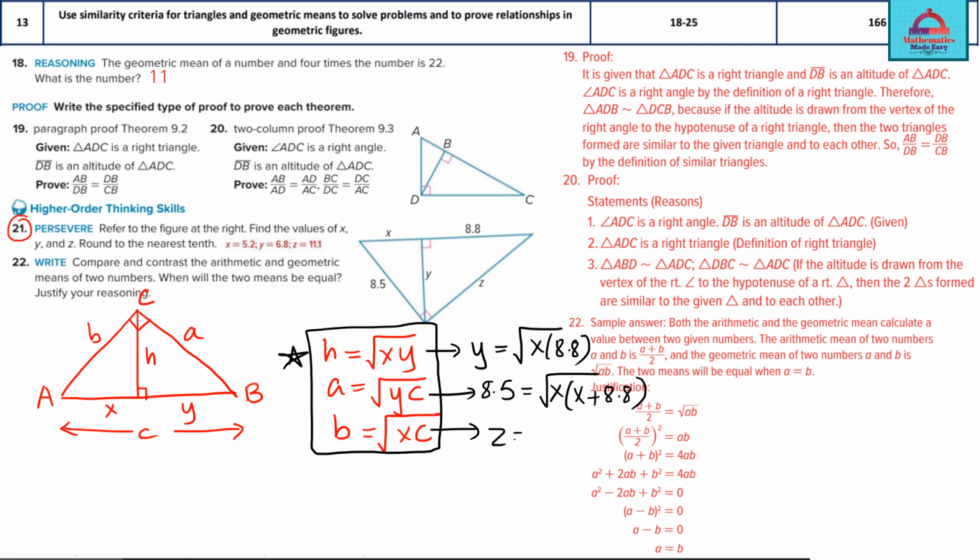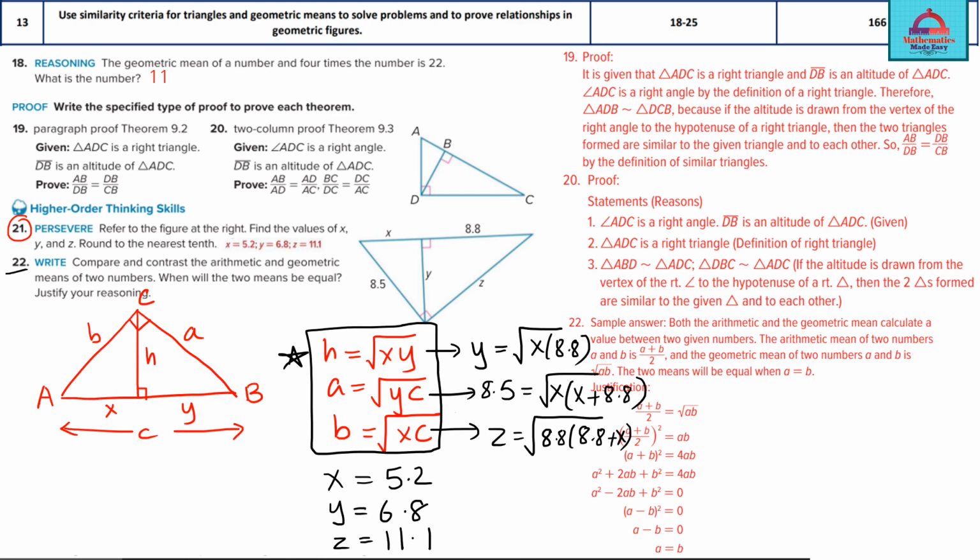So z is going to be equal to the length which is close to it, that is 8.8 multiplied with 8.8 plus x. So when you solve these three equations, what you get is the final answer: x equal to 5.2, y equal to 6.8, and z equal to 11.1. So that's your answer. Let's do question 22.